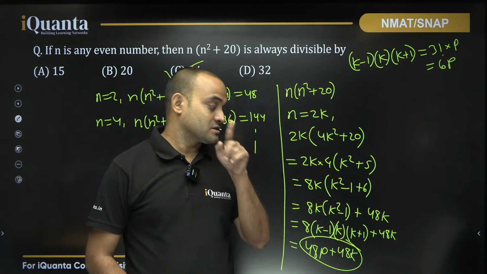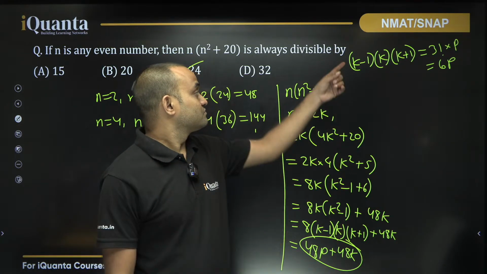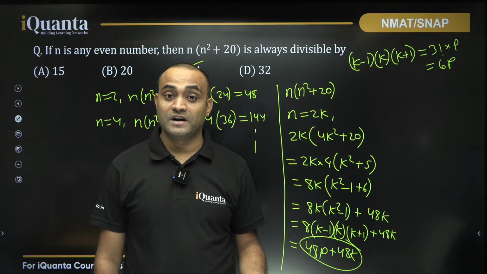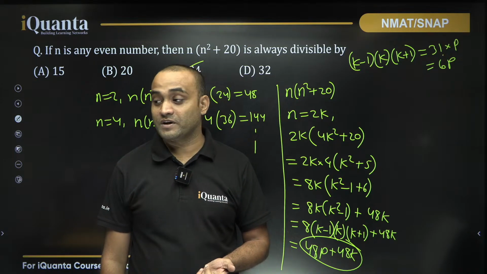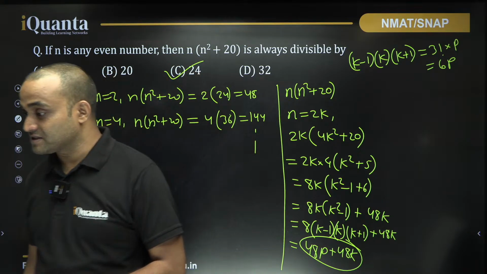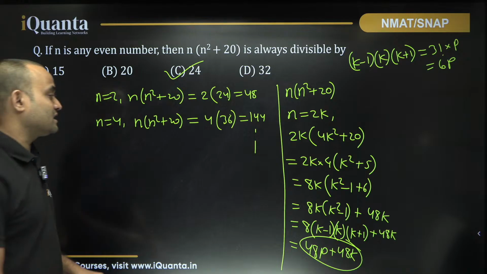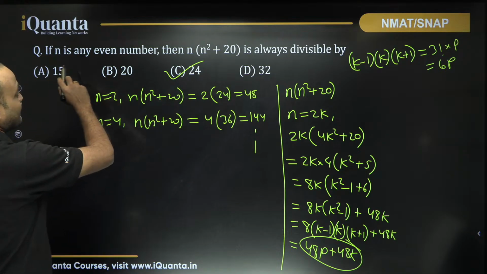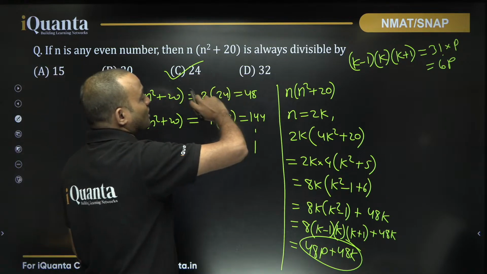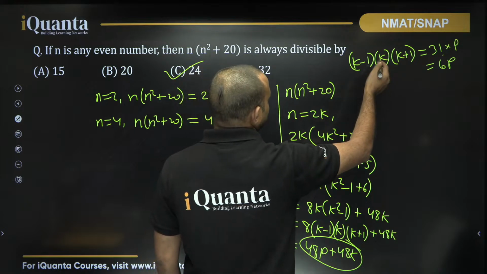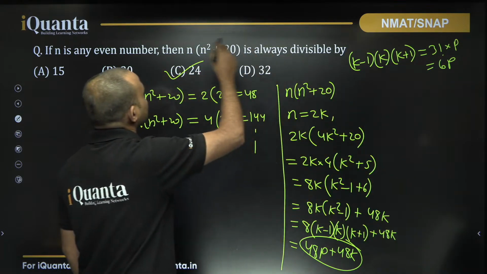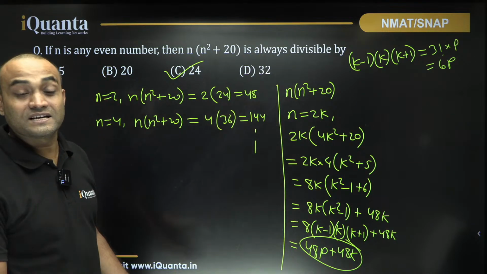If the question is what is the greatest number this will always be divisible by, अगर ऐसा हो क्वेश्चन क्या करेंगे वहाँ पे बताओ? If this question is something like for n, this is always divisible by the greatest number, then answer will be 48.